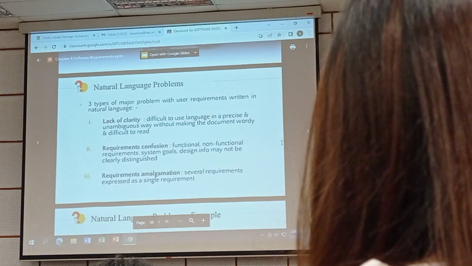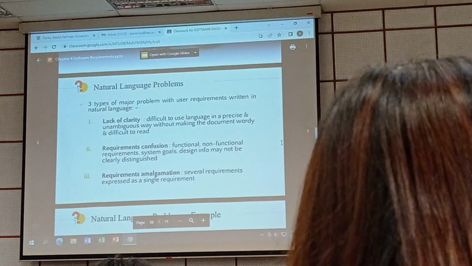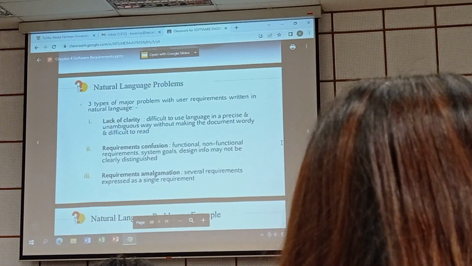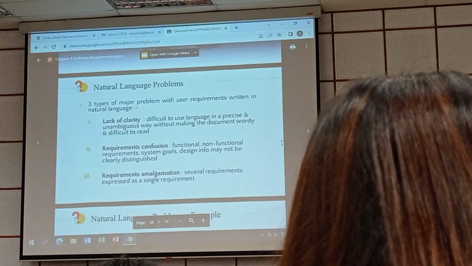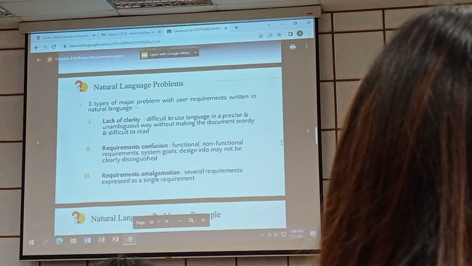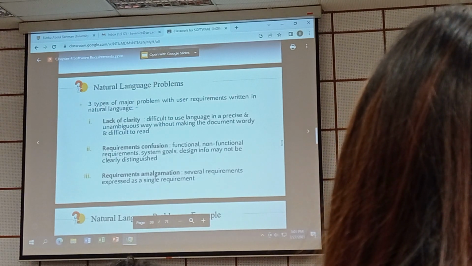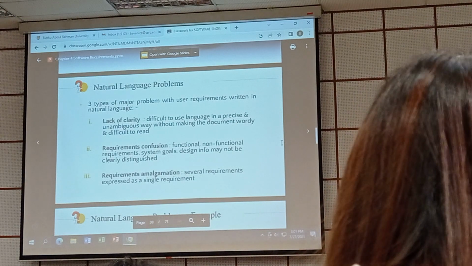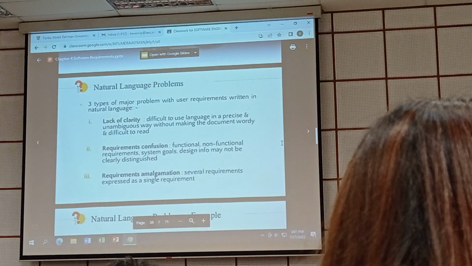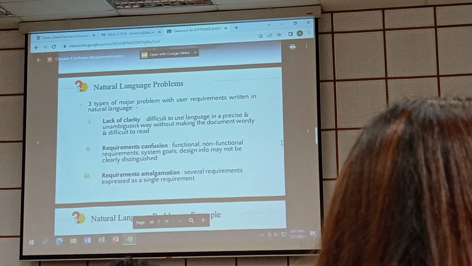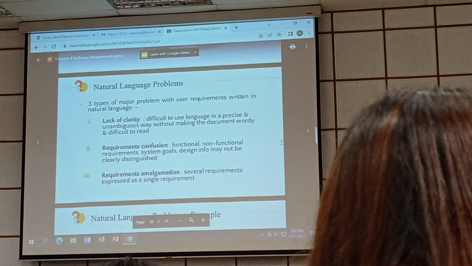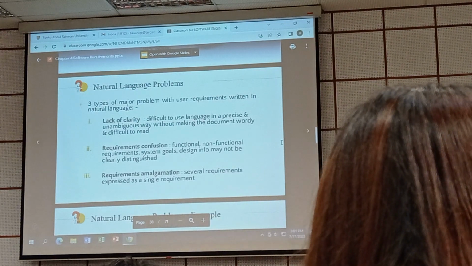That means the staff who work in the customer management system can share their details with the payroll management system staff, and the staff working in the payroll management system can share with the customer. You understand? They are combining two into one. That is called amalgamation.